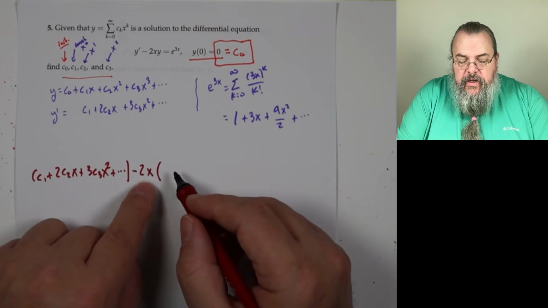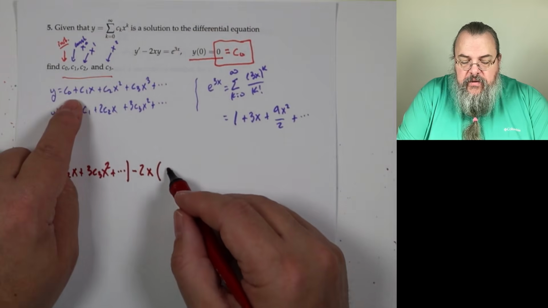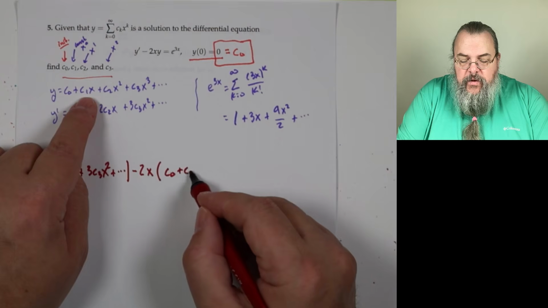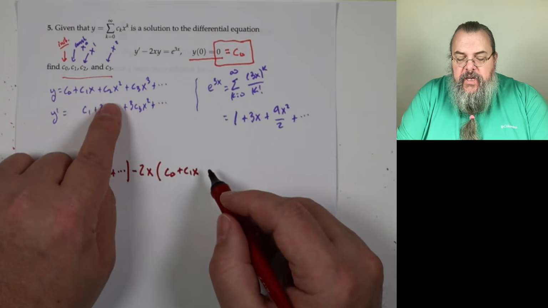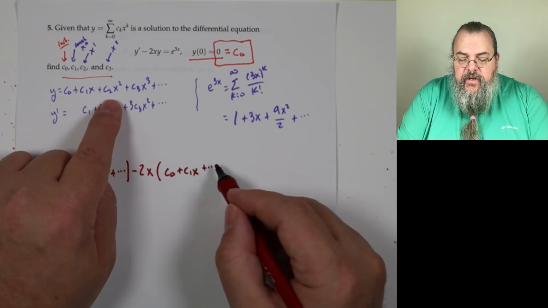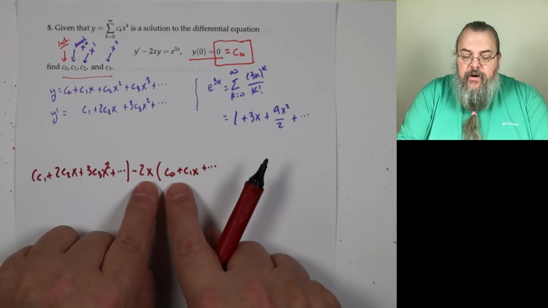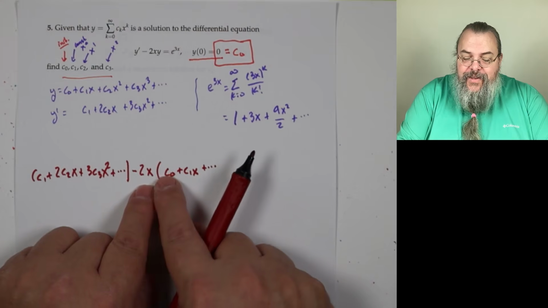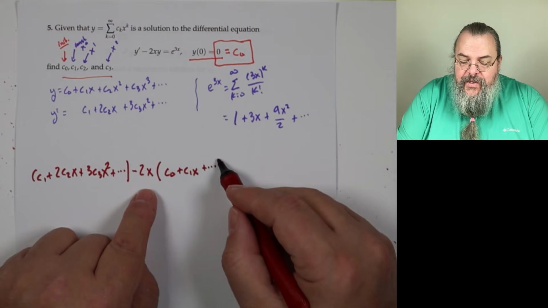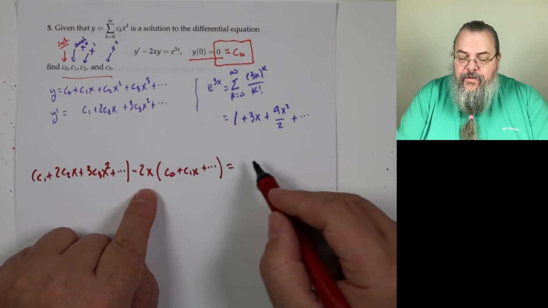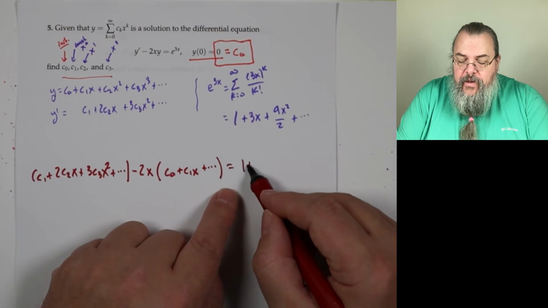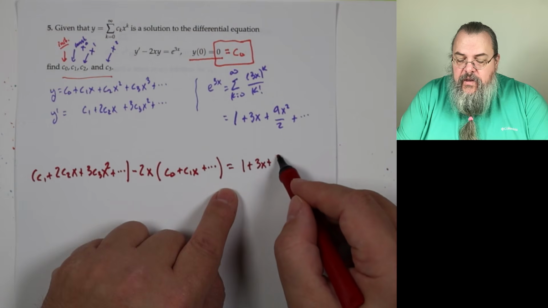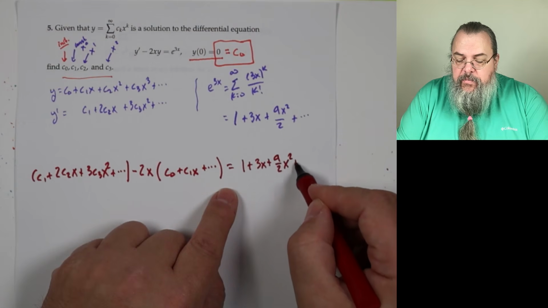Notice there's already an x here, so what do we need? Well, we need the c0 plus c1x, and we can actually just go dot, dot, dot from here on, because when you put that x in, you're already up to the quadratic. X times x squared would be cubic, is equal to 1 plus 3x plus, I'll put this as 9/2 x squared plus dot, dot, dot.